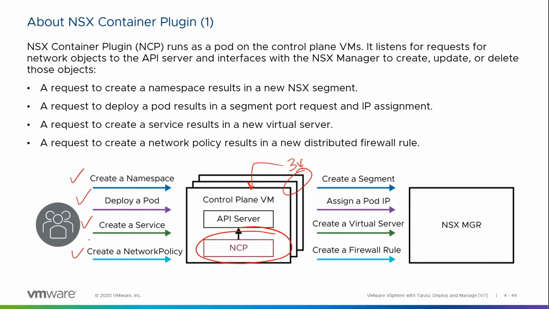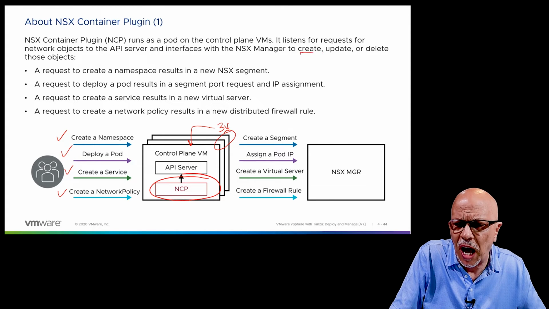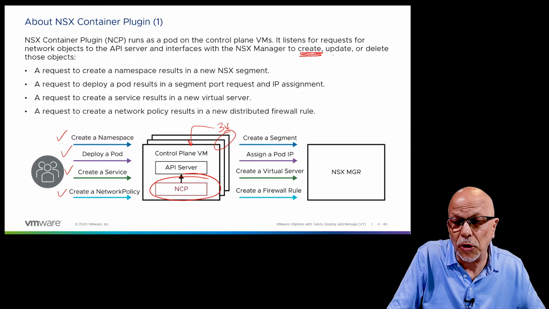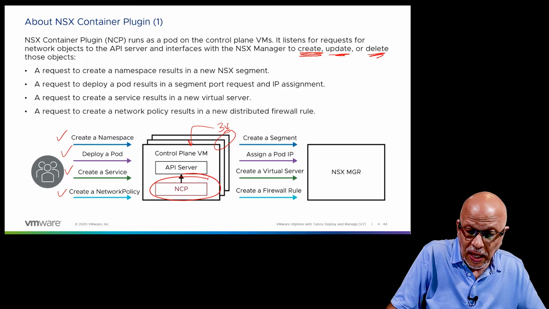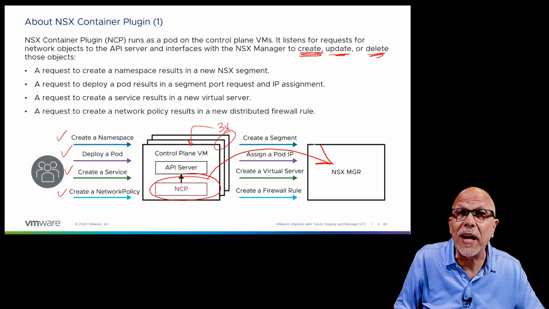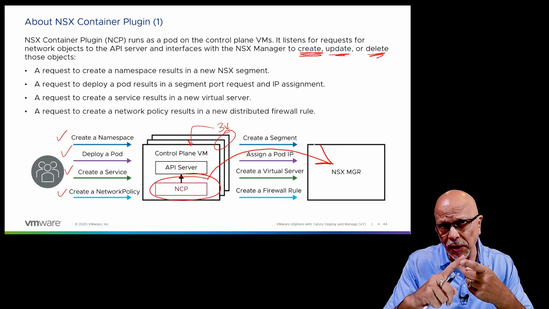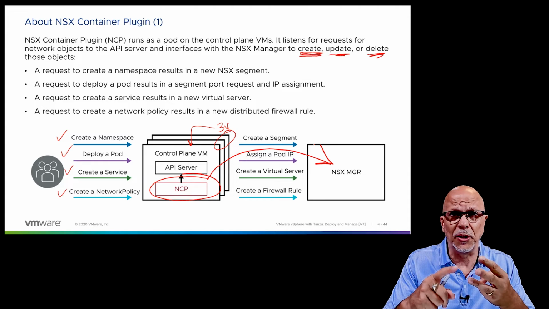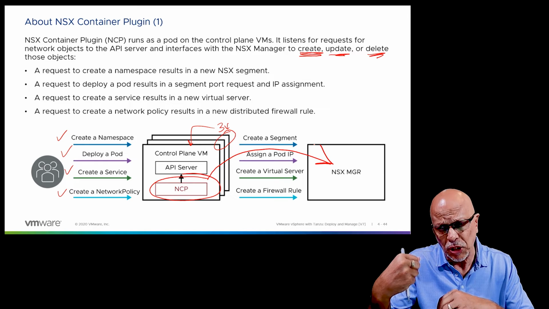What's happening is the NCP here is notified about those objects. Now, I need to point out to you, it's not just creating, but also if you update one of those objects or you delete one of those objects, the NCP is going to make the appropriate API calls over to the NSX manager, and it'll either create, update the configuration, or delete the corresponding object over in NSX.